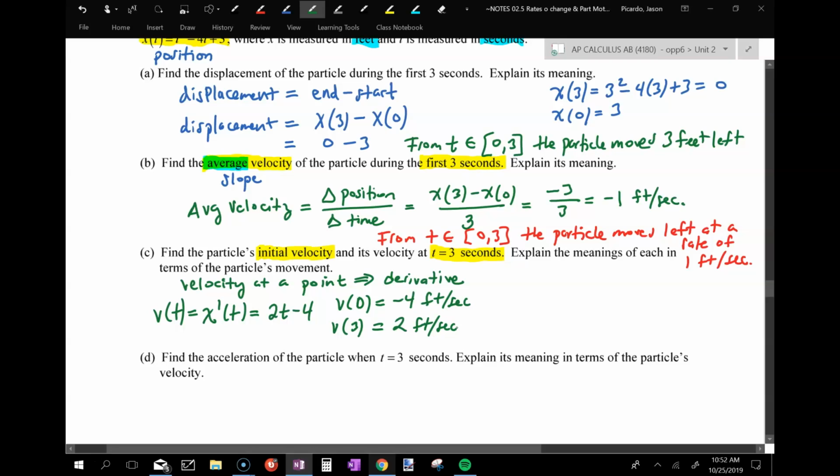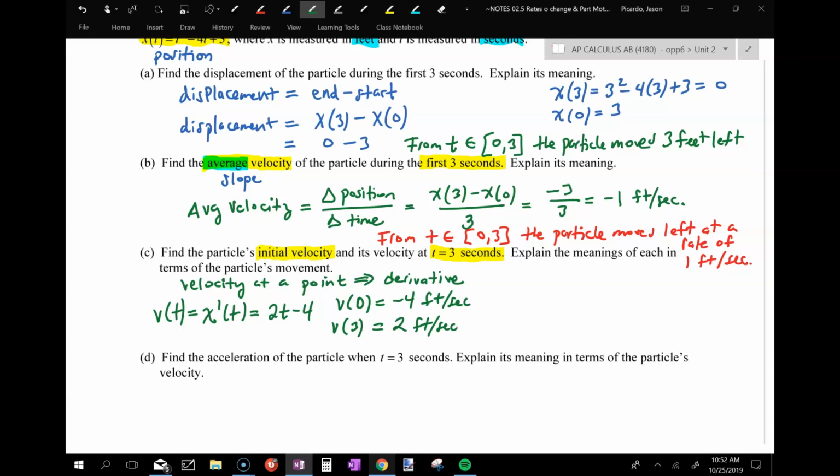Explain its meaning. Okay, so now, guys, now we have to be, again, particular about what's happening, right? So what am I going to actually say? Go ahead. At 0 seconds. Yep. Exactly, right? It is moving left at a rate of 4 feet per second.